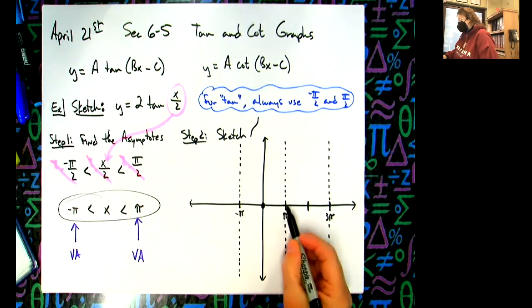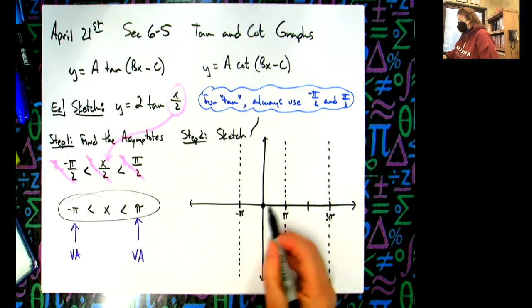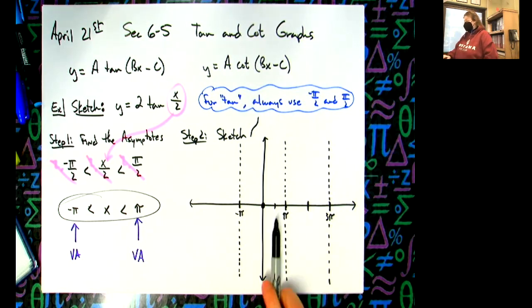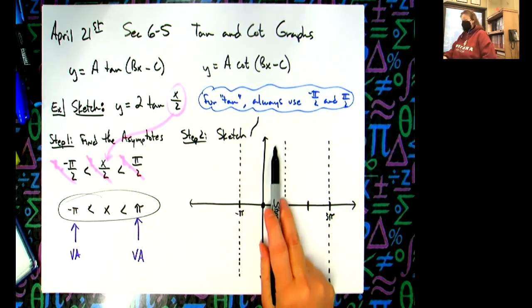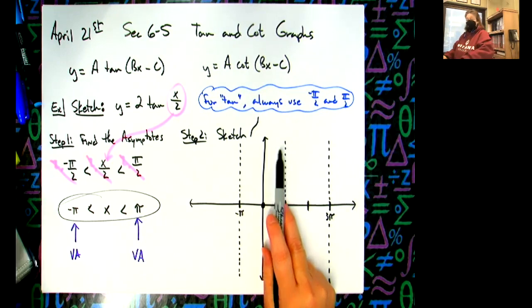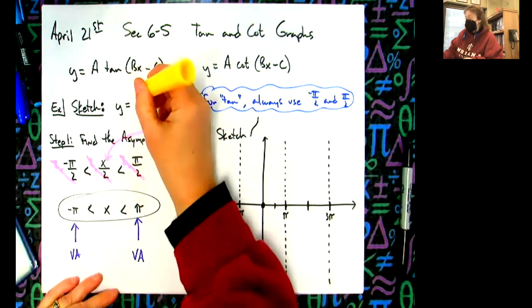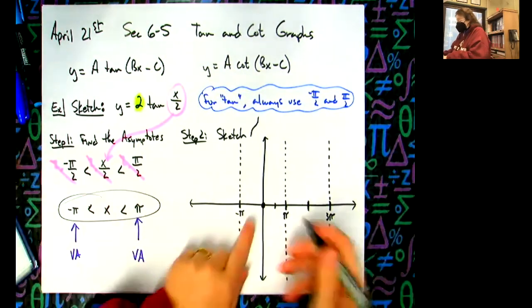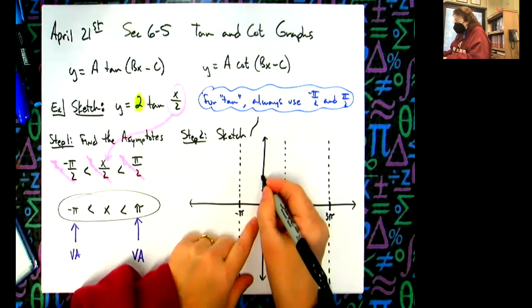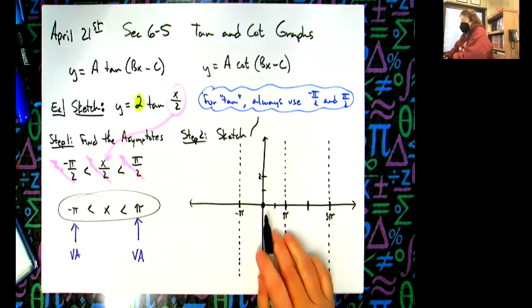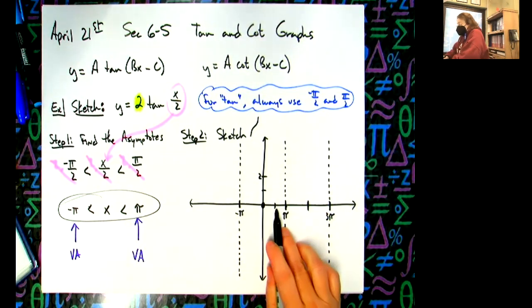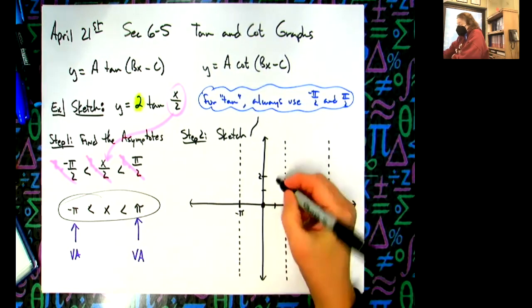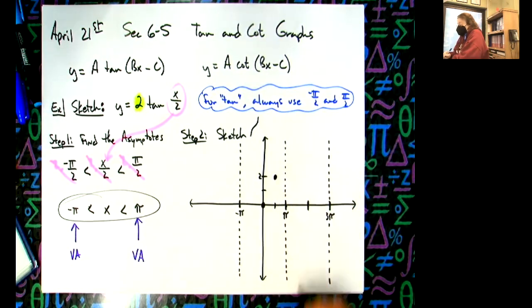So in between here and here, halfway in between, is going to be our next dot, and we're going to go up to the amplitude. My amplitude is, just like it was on sine and cosine, 2. Let's say there's 1, there's 2. So in between here, halfway in between, up to 2, I'm going to put another dot.